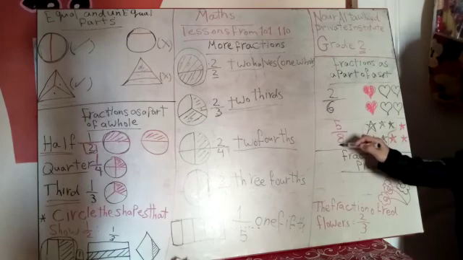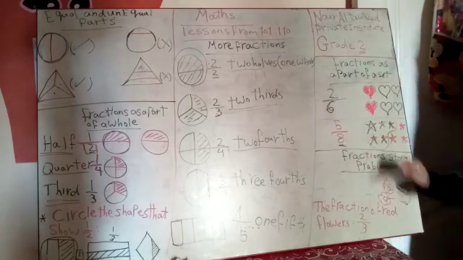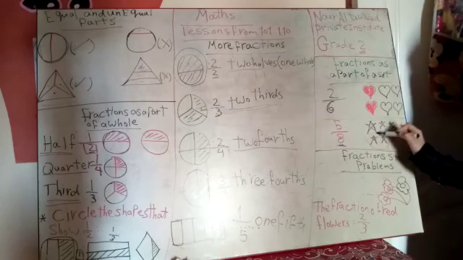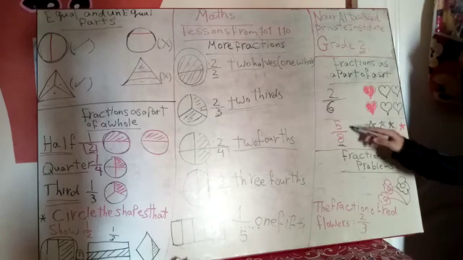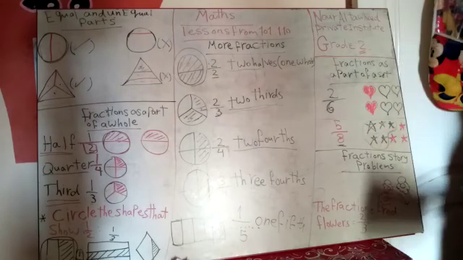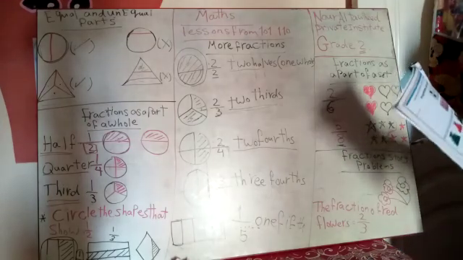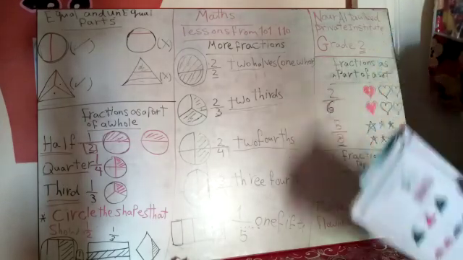Down write 8, all the set of stars is 8 stars. 5 of them are black stars, so we write the fraction 5 over 8. You can solve the other 2 questions in page 50.